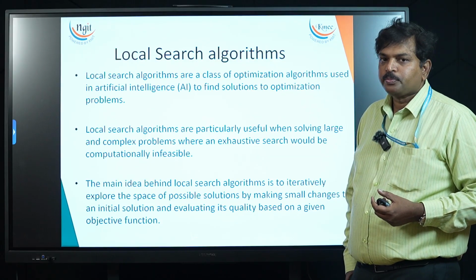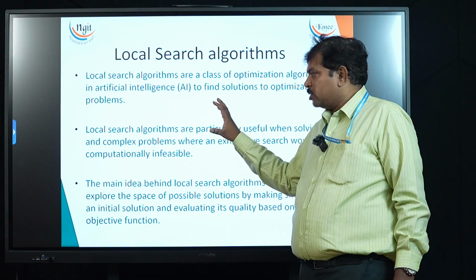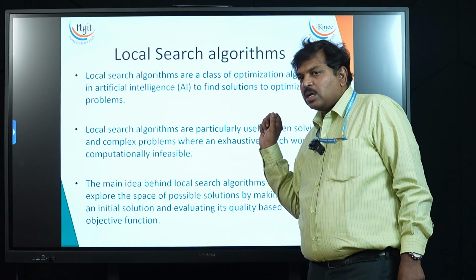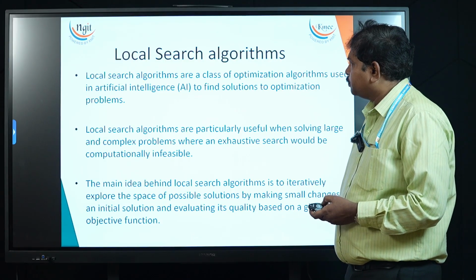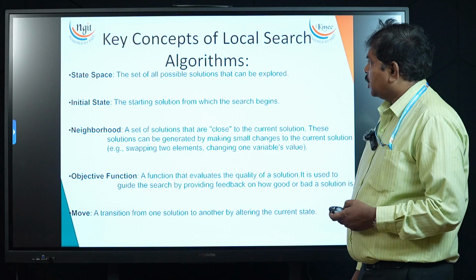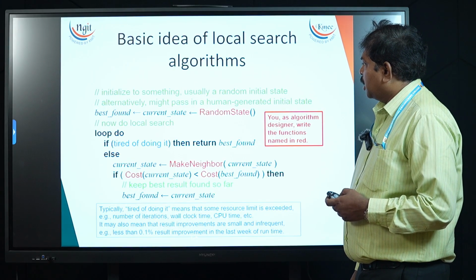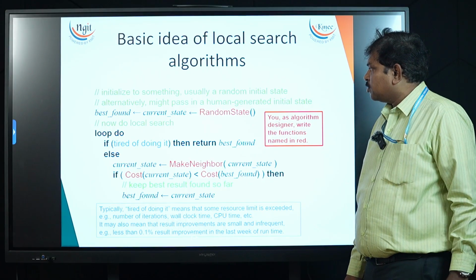So what we do is only explore some part of the state space. If we find our goal state, we stop the algorithm there itself. This is the basic idea behind local search algorithms.